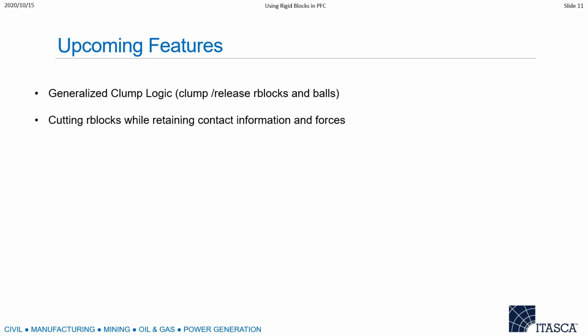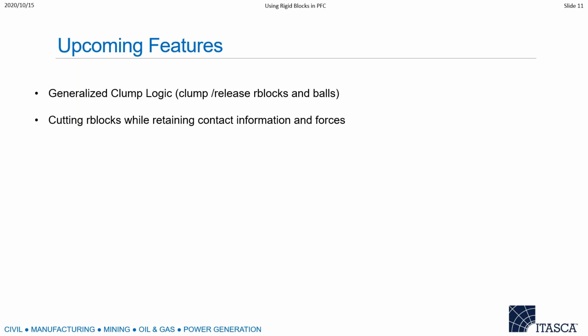I had already mentioned the ability to cut rigid blocks. One improvement that will be added in version 7 concerns this: when we cut a rigid block, we actually replace one rigid block by at least two other rigid blocks. At the moment, we lose the contact information at the outer boundary of the blocks that we're cutting, because we delete the block and create a new block.